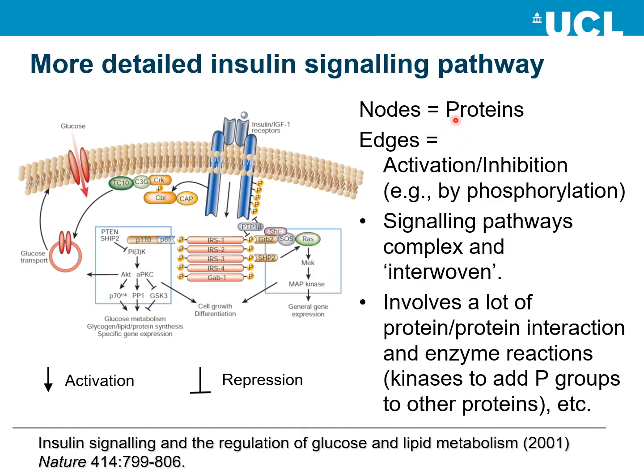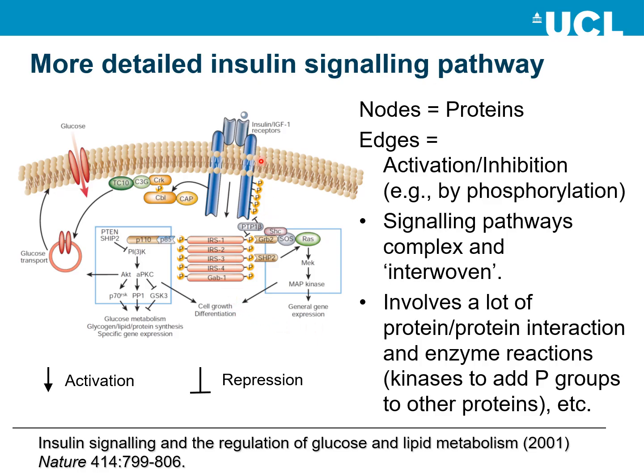In signaling pathways, the nodes are typically proteins, and the edges are typically activation or inhibition of the downstream protein, often by phosphorylation of particular amino acids. These are, you can see, complex and interwoven, and involve lots of protein-protein interaction, kinases, like this MAP kinase. Kinase enzymes add phosphate groups to other proteins.